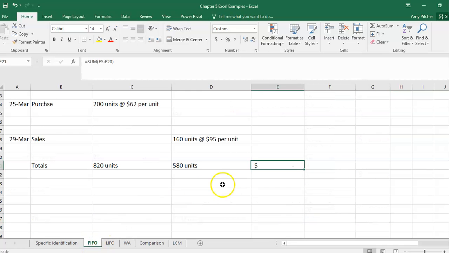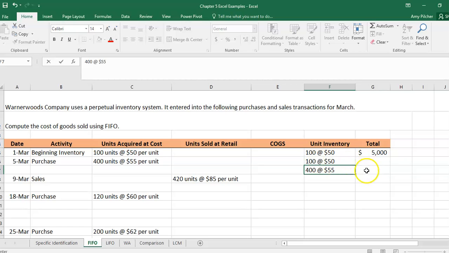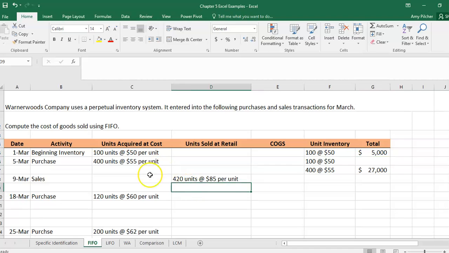Now we're going to look at FIFO, which stands for first in, first out. So our first costs are our first ones that get sold. So this first purchase or addition to beginning inventory is the same as it was with the specific identification. So after our first purchase, we have the 100 times 50 plus 400 times 55, or 27,000. Now, when we make this sale on March 9th of 420 units, we sell all of our beginning inventory costs first.